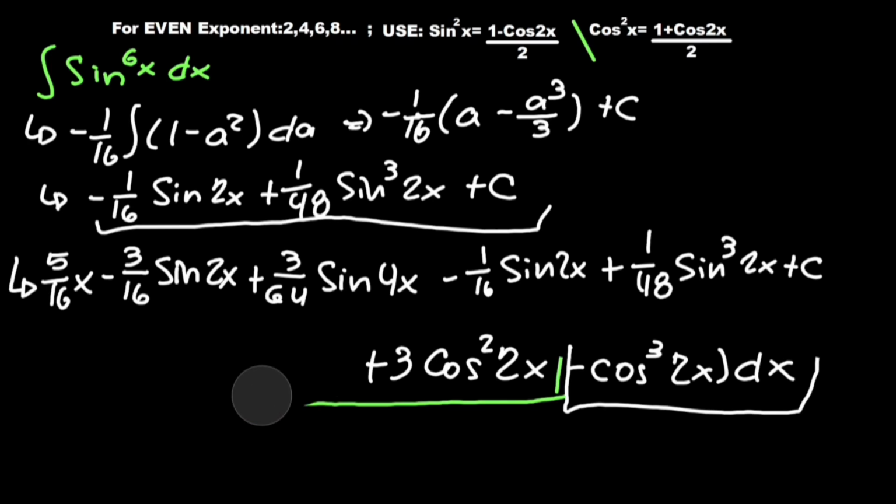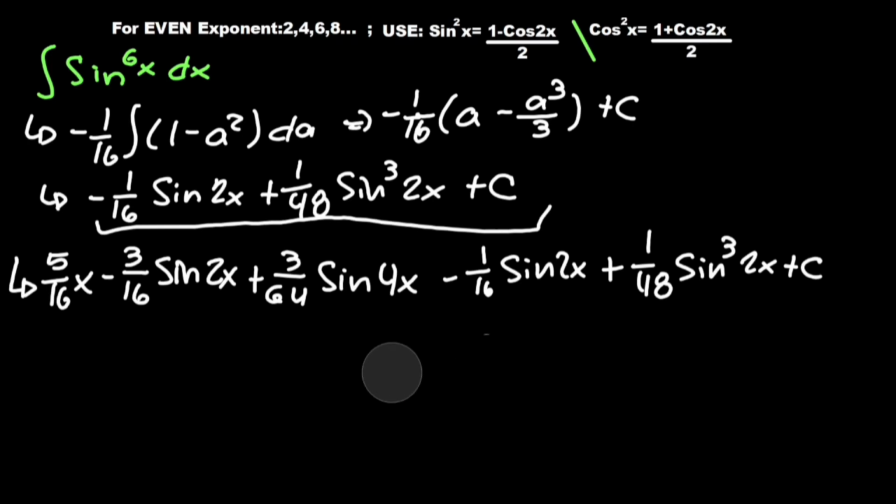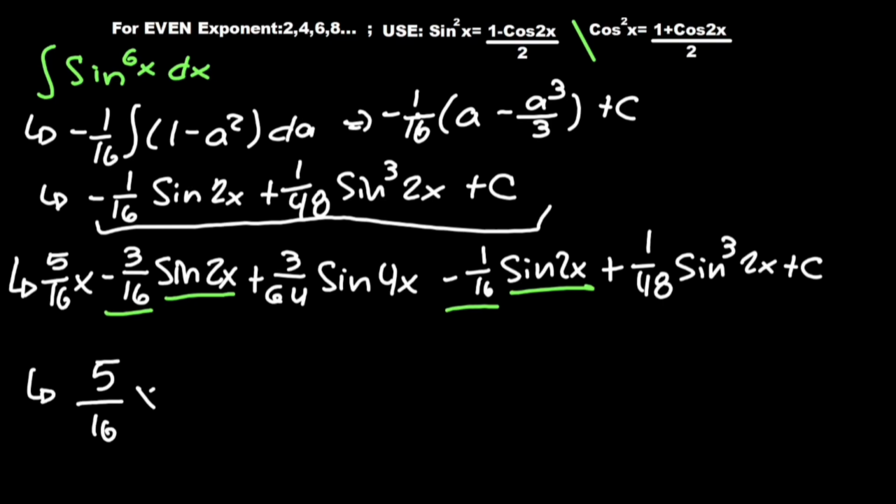But this is not yet the final answer because there are still common terms here which we shall add. We have here a sine of 2x and sine of 2x. So we must add their coefficients, which is negative 3 over 16 and negative 1 over 16. So this would be equal to negative 4 over 16, or simply 1/4.